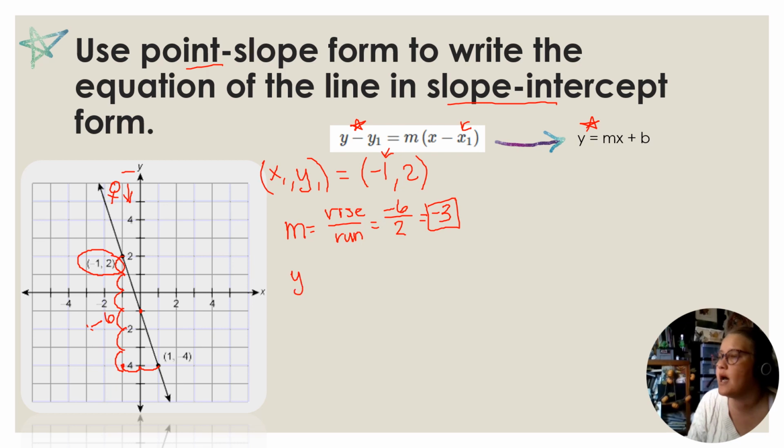So I have y minus y1, which is 2, equals m slope, which is -3, times x minus x1, which is -1, which is going to turn into a +1. That was a minus -1 in there, if you're wondering what just happened. Then from there, we need to distribute our -3.